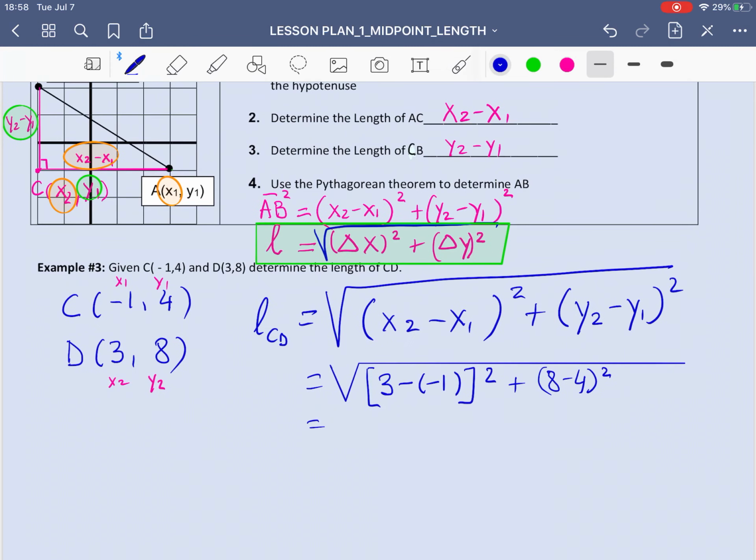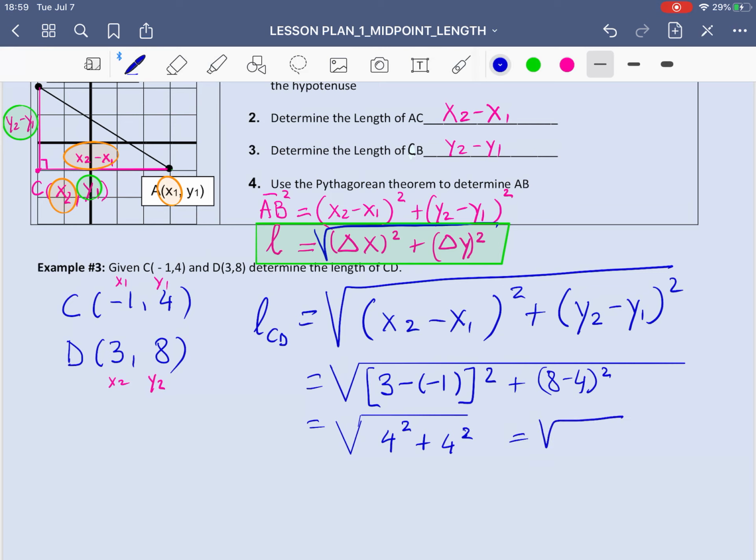So that would equal the square root again. Okay, 3 minus -1 is 4. That's 3 plus 1. And 8 minus 4 is 4. Oh, another 4 squared in there. Okay, too ambitious with my square root, too big.